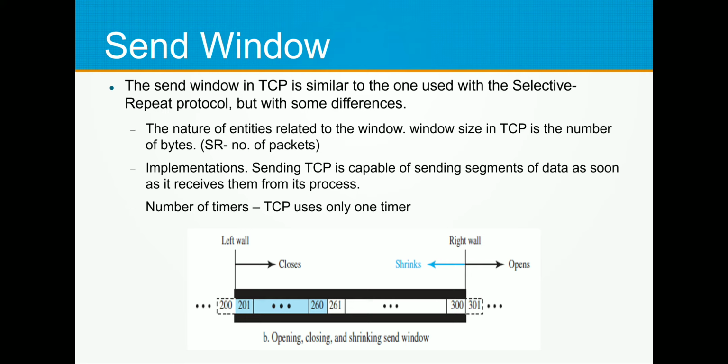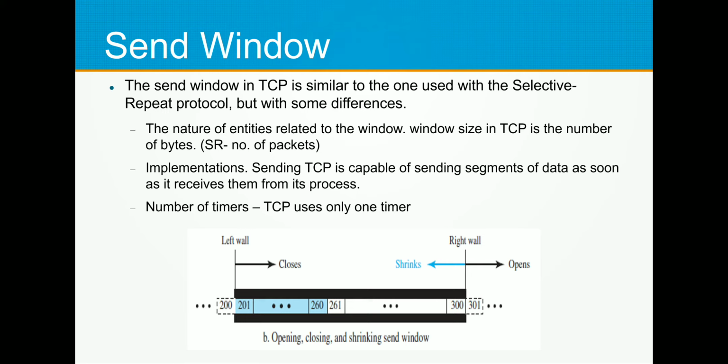This might happen when it receives feedback from the other party saying that you are sending me at a very high rate, I cannot handle that much data, so reduce the rate at which you send. So how does the sender respond to this? The sender responds by reducing the size of the send window. That is the point when the right wall shrinks in the leftward direction.